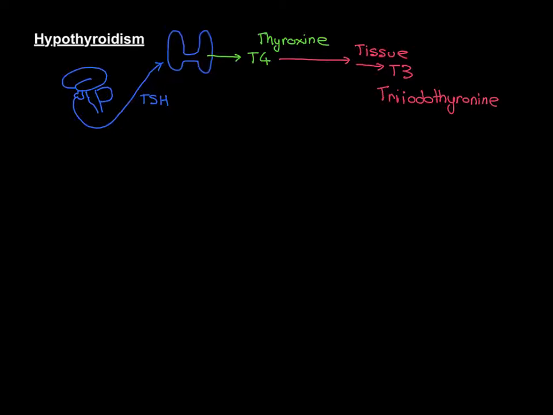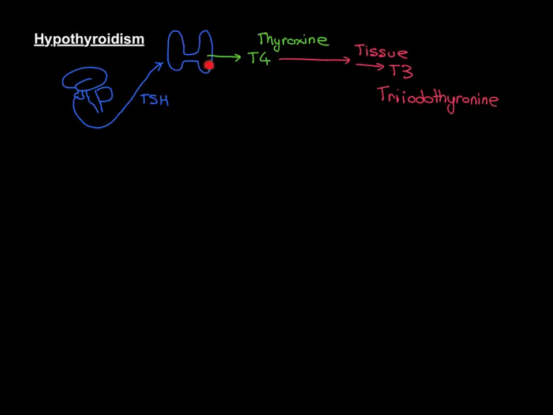So just to state all of that again, the brain controls the thyroid gland, specifically the anterior pituitary controls the thyroid gland. It releases thyroid stimulating hormone at a continuous basal rate, and that thyroid stimulating hormone tells the cells of the thyroid gland to make and release the major thyroid hormone, T4.